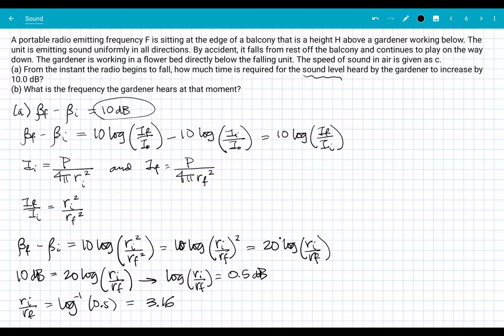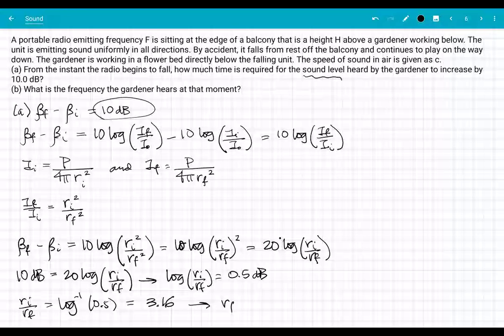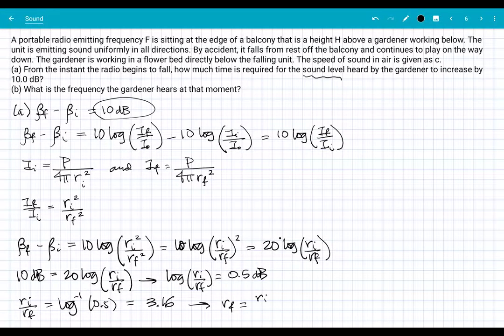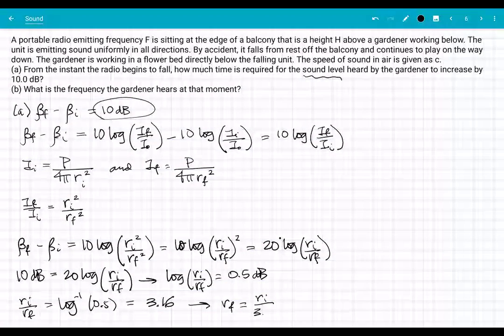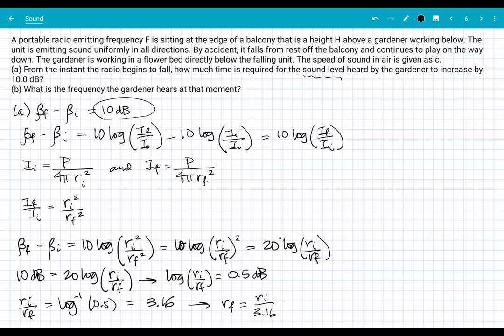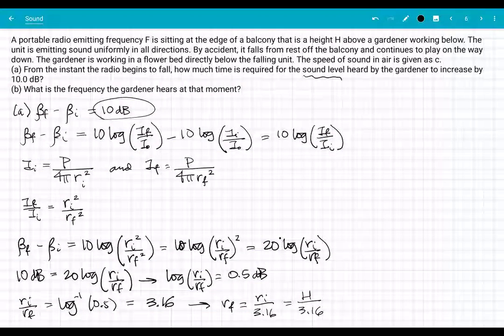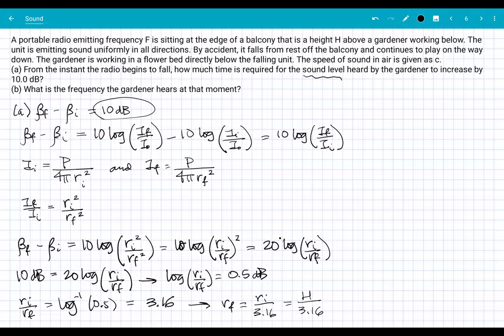So if this is true, then r final is going to be equal to r initial over 3.16, which is equal to H, remember that's where the radio drops from, over 3.16. And r is measured from the perspective of the observer, so from the gardener, right?